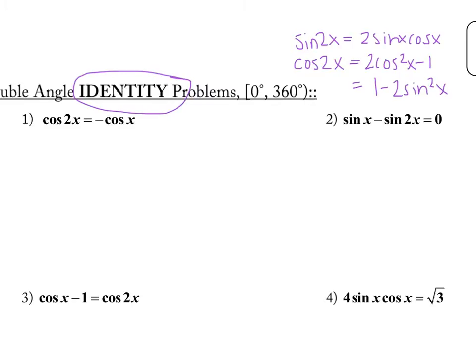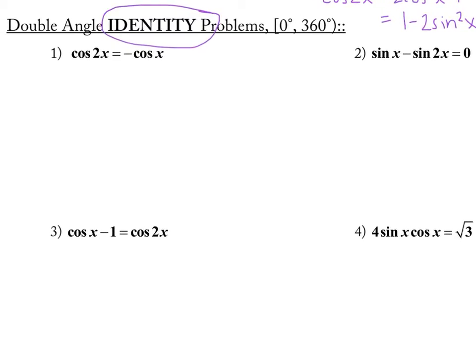All right, so let's take a look at number 1. Okay. We can't go about these problems like we did yesterday because we have a double angle and we just have the cosine of x. Okay. So what you're going to try to do is substitute something in so that you are all in terms of cosine.